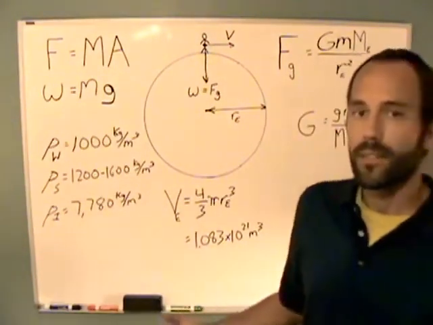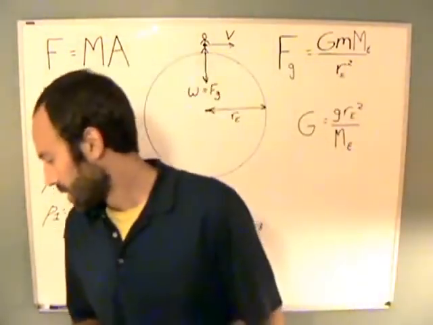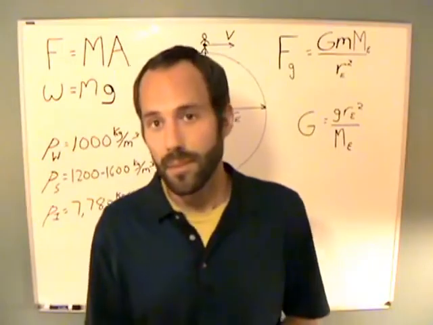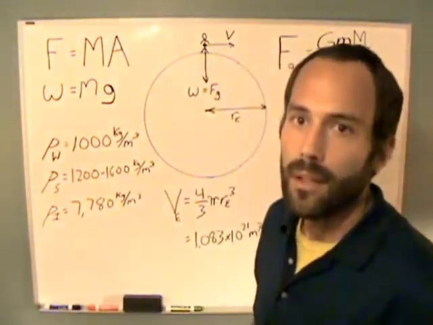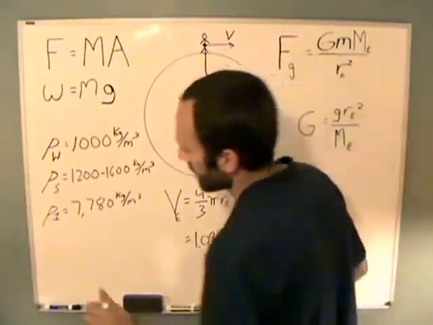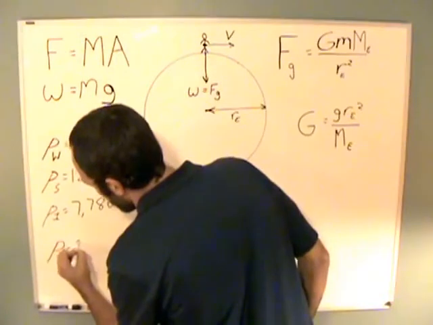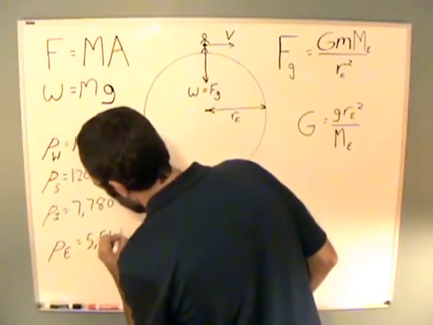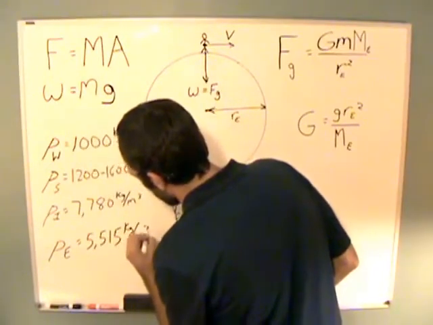If you use NASA's fact sheet with their mass of Earth, which is 5.9726 times 10 to the 24th kilograms, and you divide that by the volume of Earth, you will get an average density of Earth, which I'm going to call rho E, of 5,515 kilograms per meter cubed.